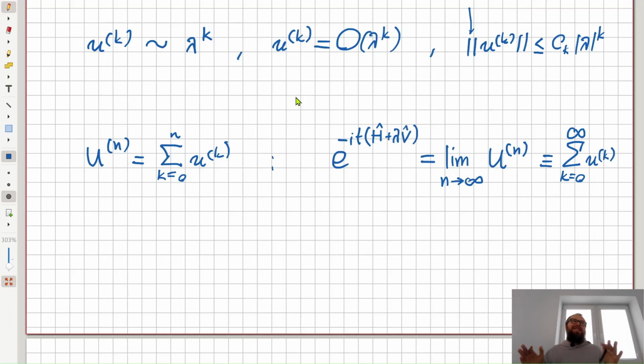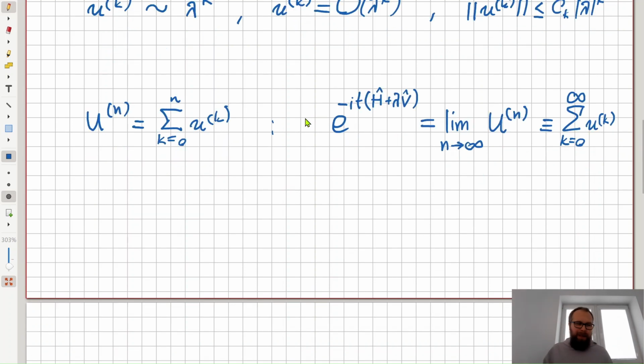That will be good: we have a good approximation, very close to the exact thing, and we don't have to calculate the exact thing. We just need to calculate our finite thing.